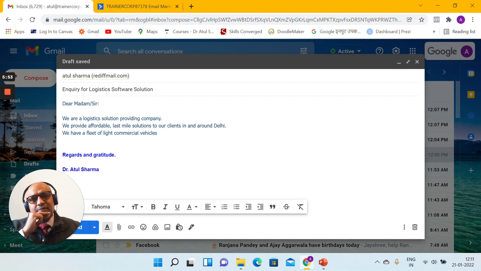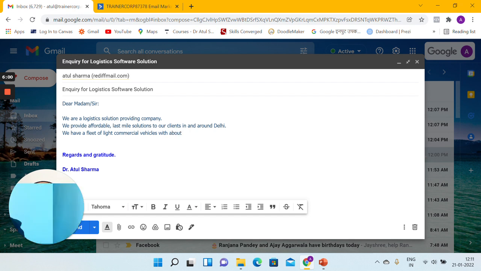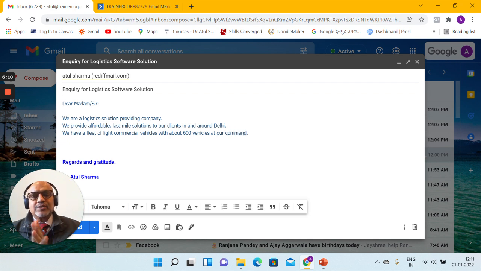We have a fleet of light commercial vehicles with about 600 vehicles at our command. So it's not a very small company. It may not be a very big company, but it's not a very small company. So we have a fleet of light commercial vehicles with about 600 vehicles at our command.